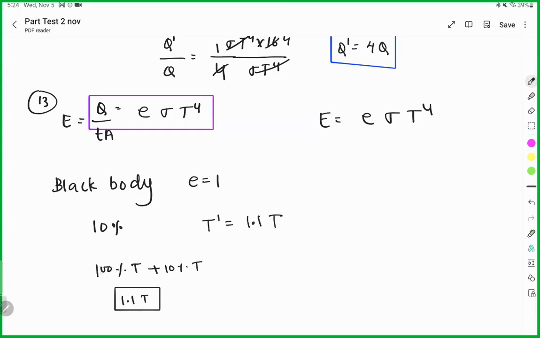Correct? So if you are taking 100% divided by 100, this is 1, this is 1 by 10. So 1.1. So what will be the new emissivity? E is same material, sigma is same. Temperature will be 1.1 times the original temperature. Now you can use a calculator and calculate E sigma, 1.1 to the power 4.